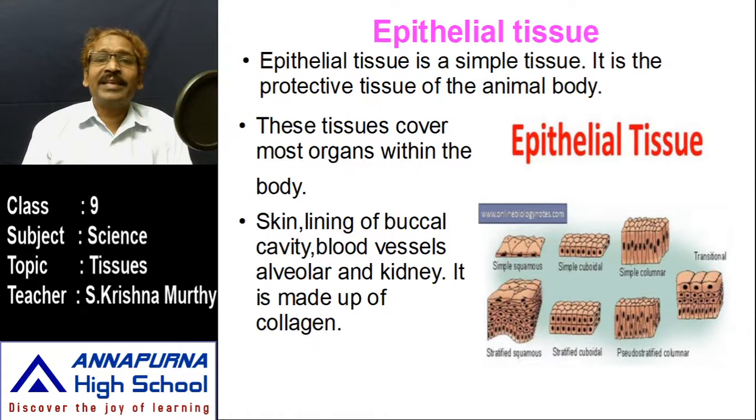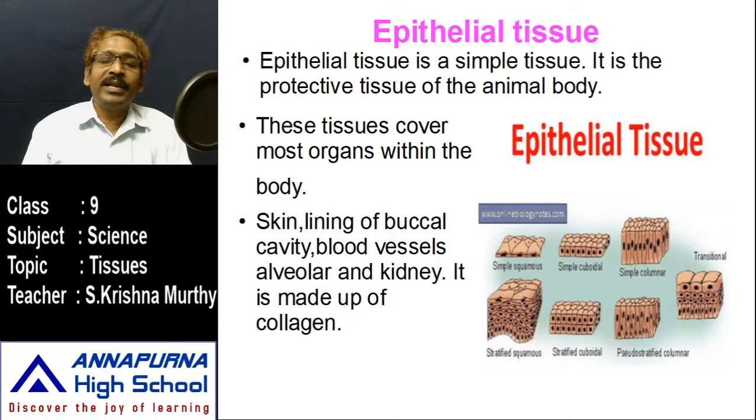These 10 lakh nephrons are enclosed with this epithelial tissue, on the outer membrane of the nephron and the inner membrane of the nephron also. And not only that, the epithelial tissue mainly contains some hard material, which is known as collagen.